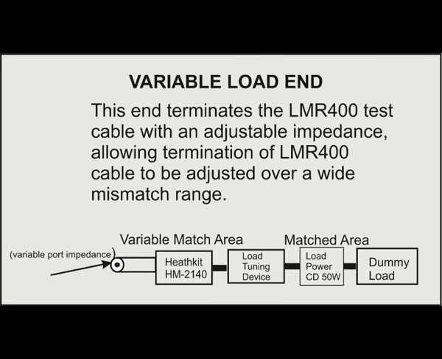The load end of this test setup lets me terminate the test cable, in this case 25 feet of LMR 400, with different impedances, while still allowing me to accurately measure the power delivered into the load, which could be the antenna radiation resistance of any value.